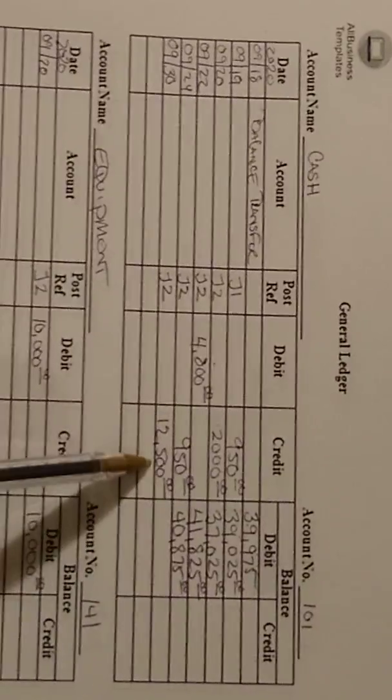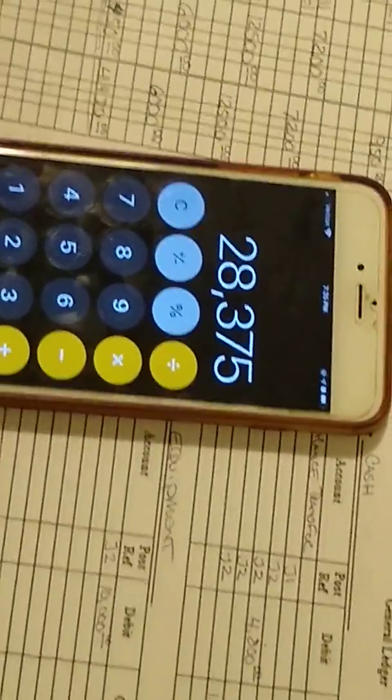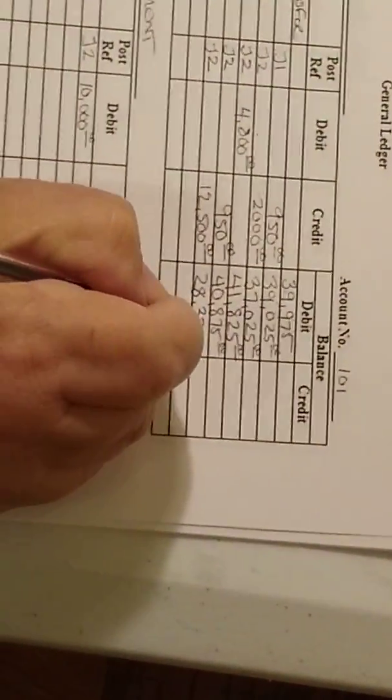And then are we going to subtract it or add it to that 40,875? If you said subtract, you said it correct. 40,875 minus 12,500 equals. So the balance is 28,375.